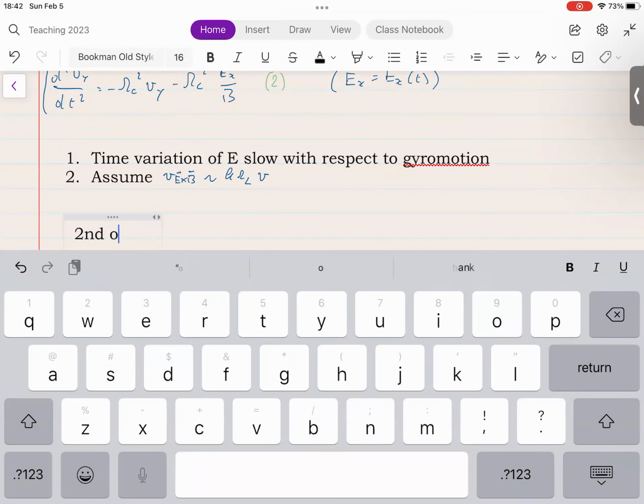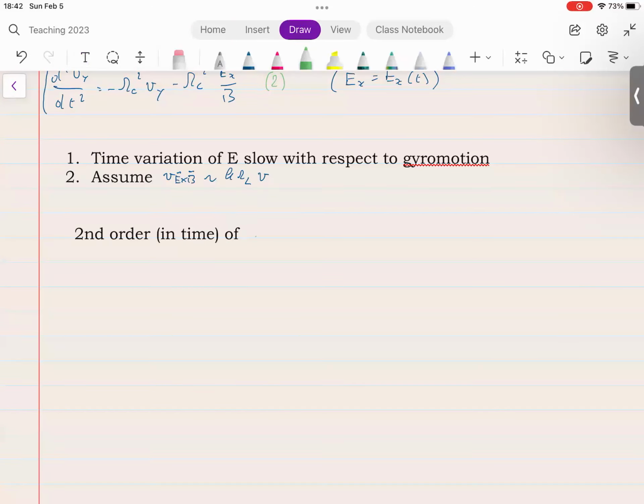And let's look at the second order in time of my equation 1.